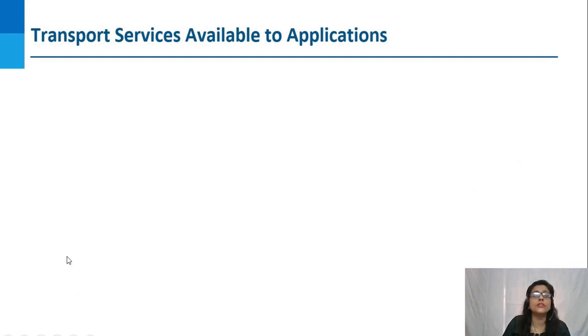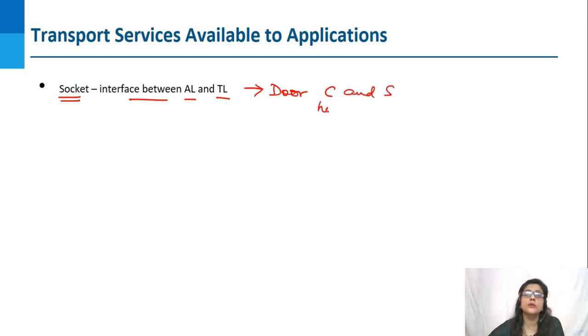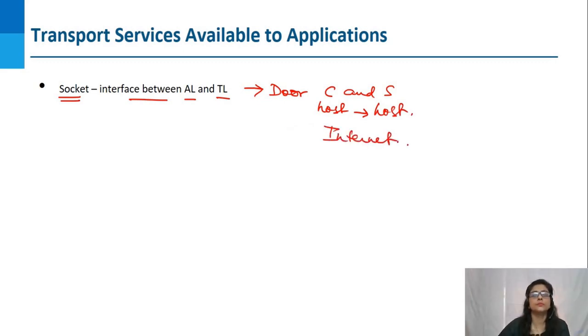Now let us turn our attention to transport services that are available to applications. As we have already discussed, the socket is the interface between the application layer and the transport layer. It is basically a door through which messages are transferred between the client and the server, or from one host to another host through the internet.